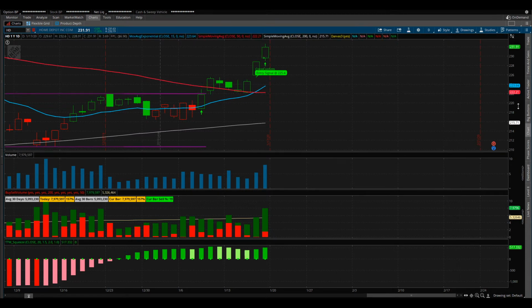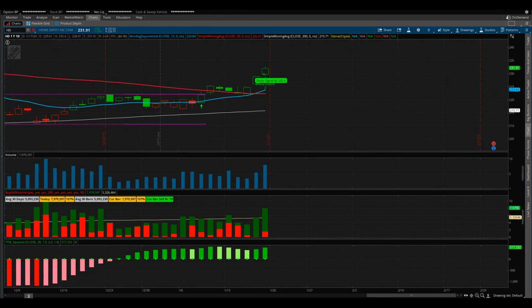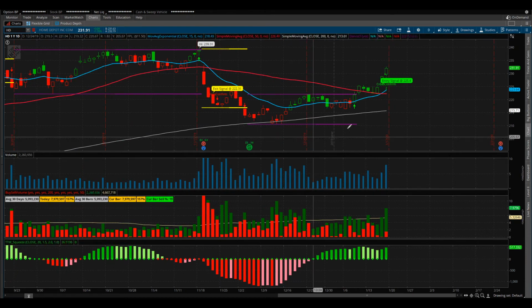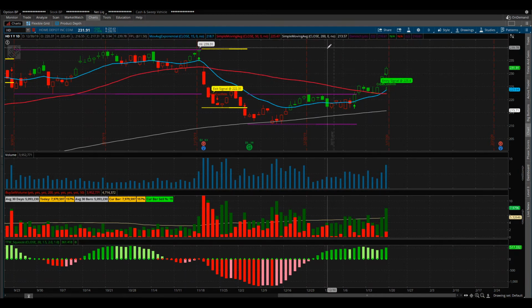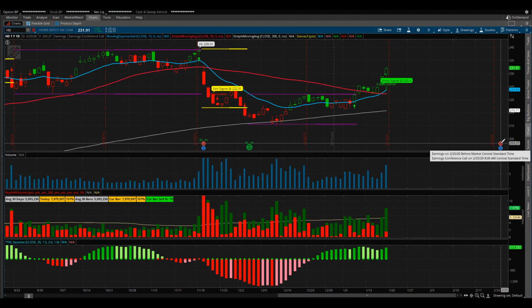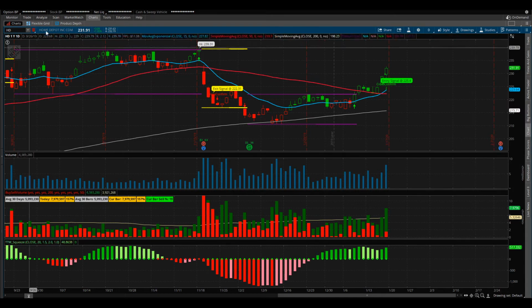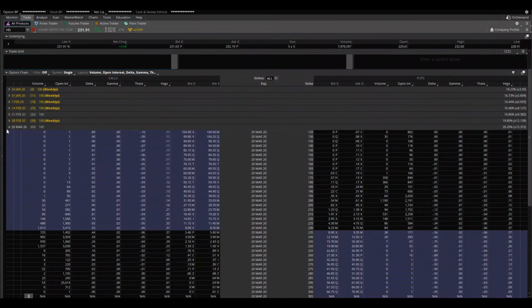All right, so Home Depot came up in quite a lot of different scans for me last week. So I had my 15/50 SMA or EMA SMA cross. I'm right in the middle of a range, so that is why I did not buy it. Now you could have used that as a buy, and then you would use this as another buy. But we have earnings on February 25th, so we have quite a lot of time.